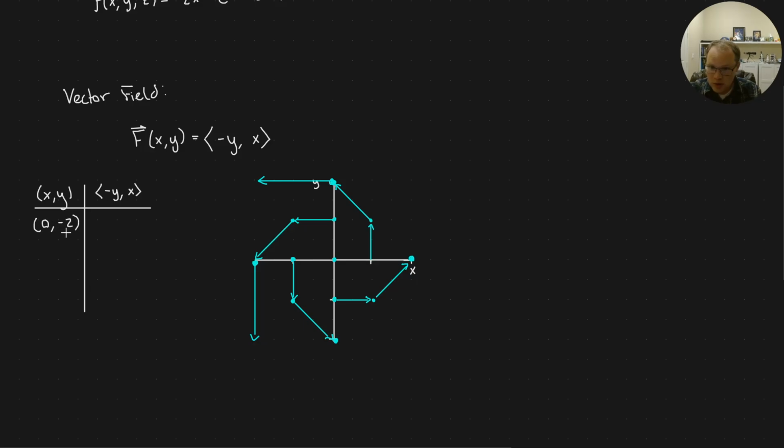Okay, so I'm going to plug negative 2 in whenever I see a y. So I get negative, negative 2 or positive 2 here. And I plug in 0 whenever I see an x in this expression. So in this case, 0 there. Okay, and so the vector is pointing 2 units in the x direction, 0 units in the y direction.